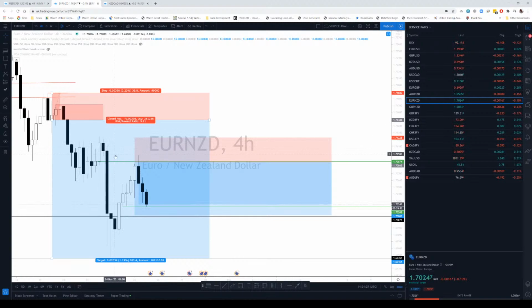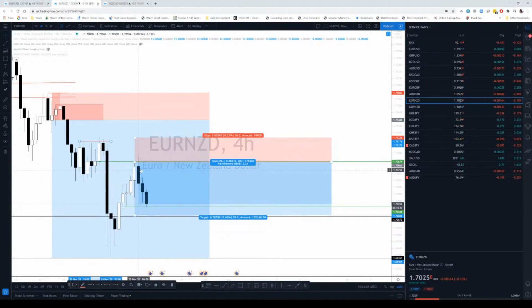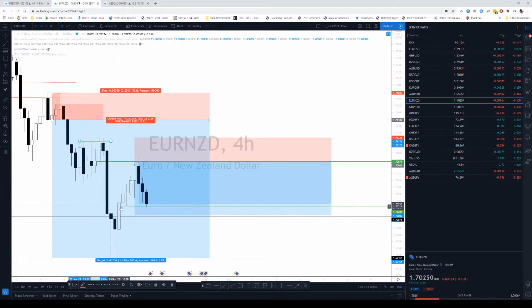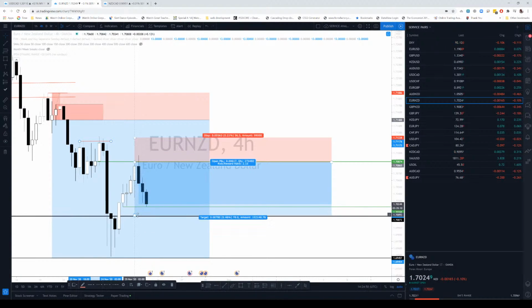They've already killed those that were trying to go short here, so it was not necessary for them to come above there again. So I gave this trade to my members to go short and look for the first target at this level, and then look for that as another target. Our last target is here.